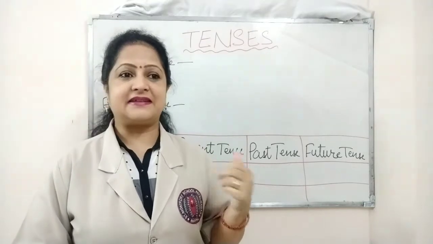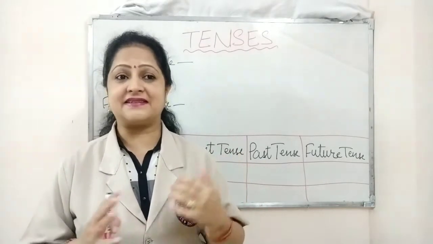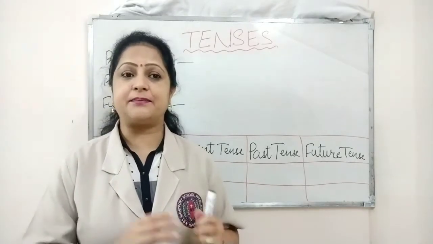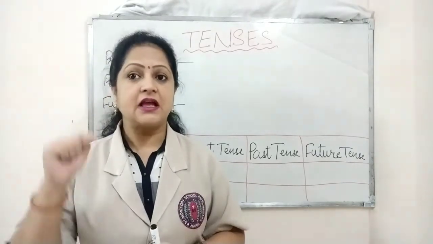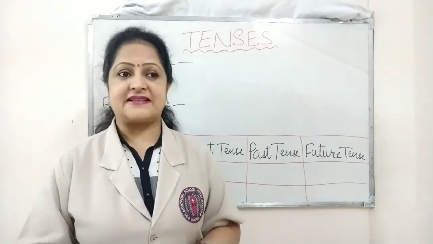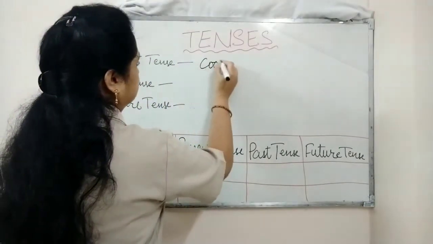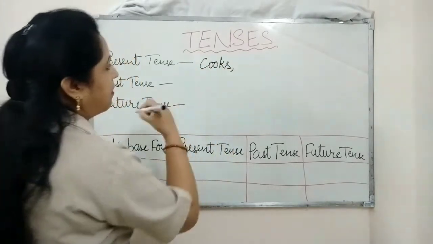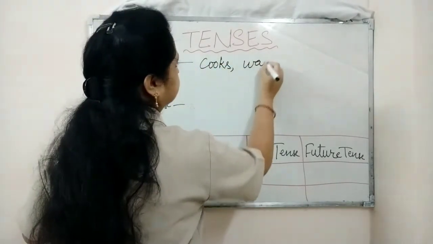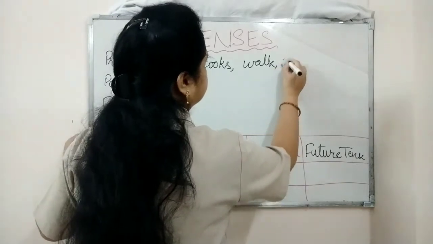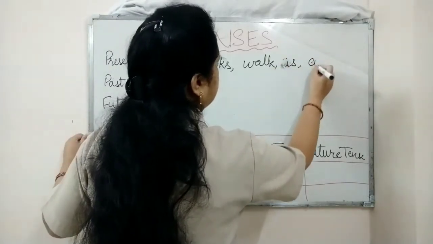So, the present tense: a verb in the present tense tells about an action in the present time, that is now. For example, cooks, walk, is and are.